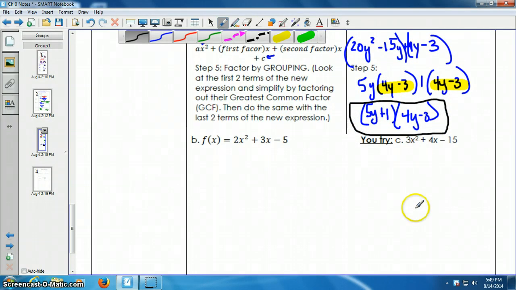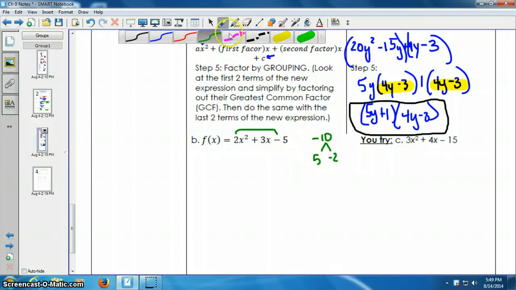All right, we'll do one more together, and then we'll have you try. And I'm not going to have all these kind of steps in this example. So what we're going to do is we're going to take our first term times our last term, negative 10, and we're coming up with the factors of negative 10 that add to get 3. So it's got to be 5 and 2, but the 2 being negative.